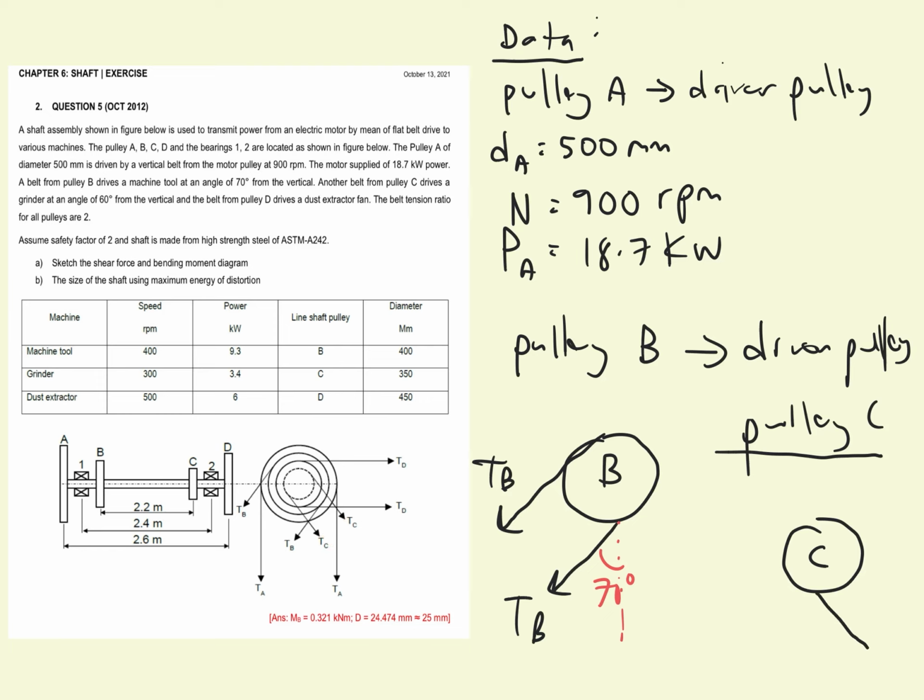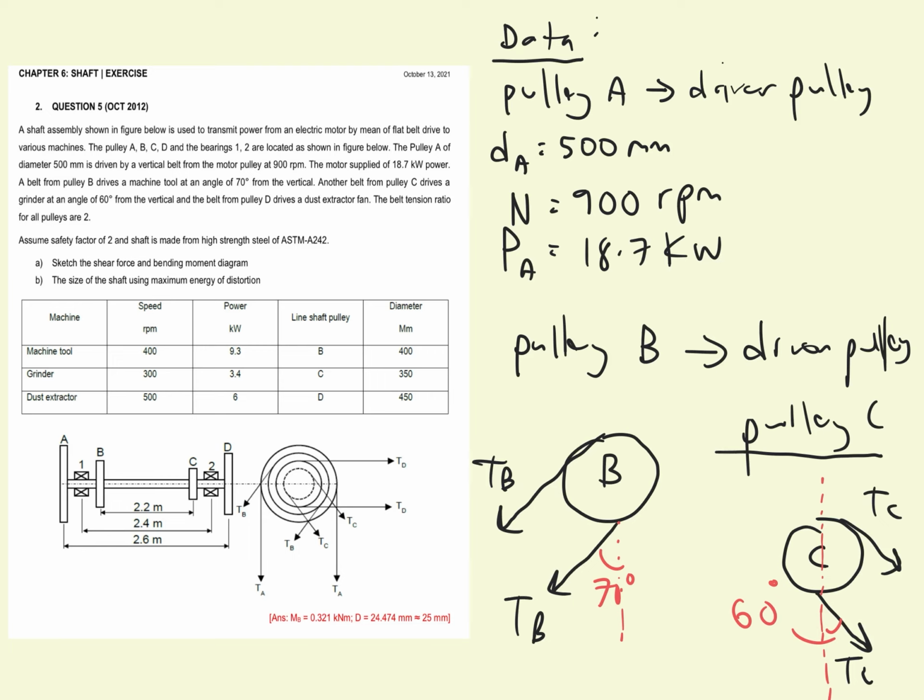So we draw, okay, so this will become TC, and then the direction of pulley C is 60 degree from the vertical. So let's say this is the vertical like this, and then this will become the degree, which is 60 degree.